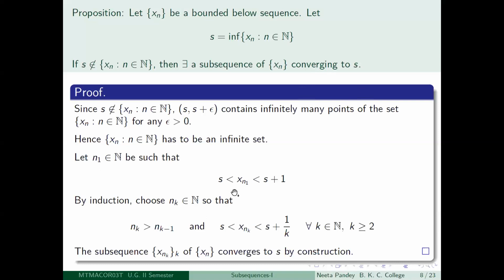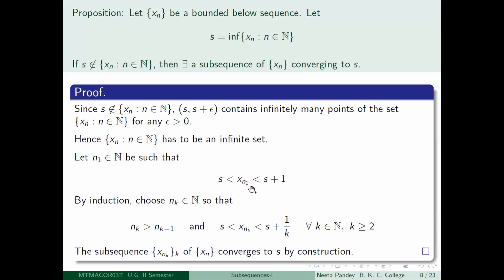Then you start constructing as you did in the previous result. You first take epsilon equal to 1, then look at the open interval s to s plus 1, which will contain a term of the sequence; there will be infinitely many, so choose one and let it be the n1th term.